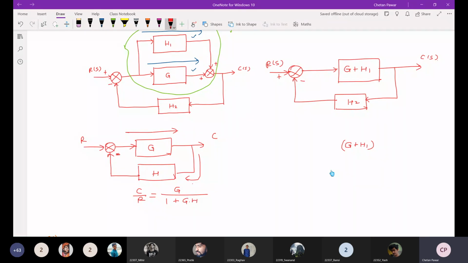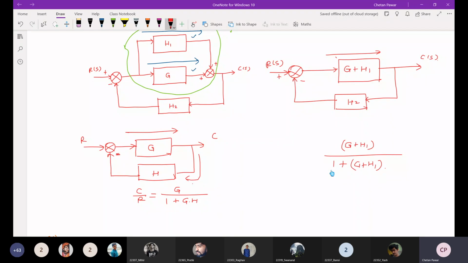So in this case, if we consider this negative feedback loop, G plus H1 will be the forward path gain. Then there is a negative feedback, so 1 plus the forward path gain G plus H1 into the feedback path gain.